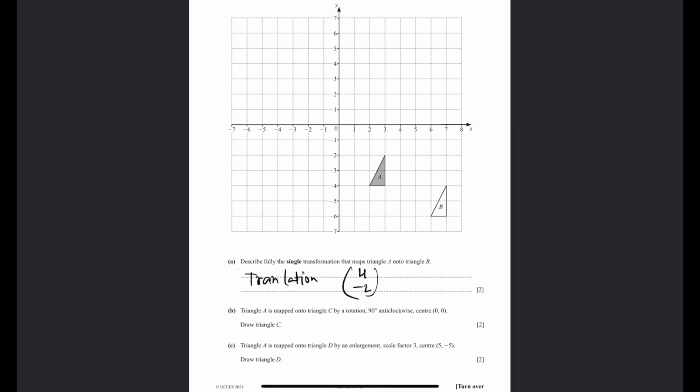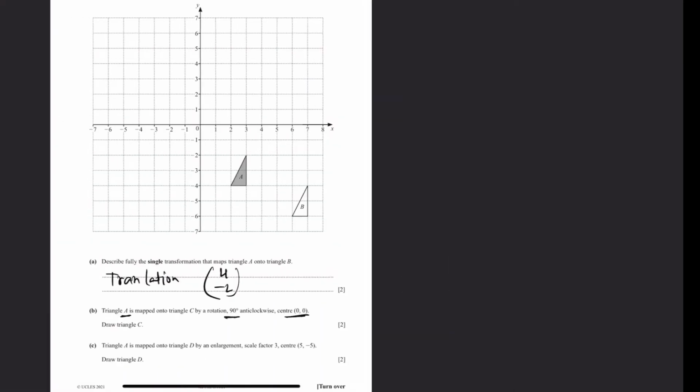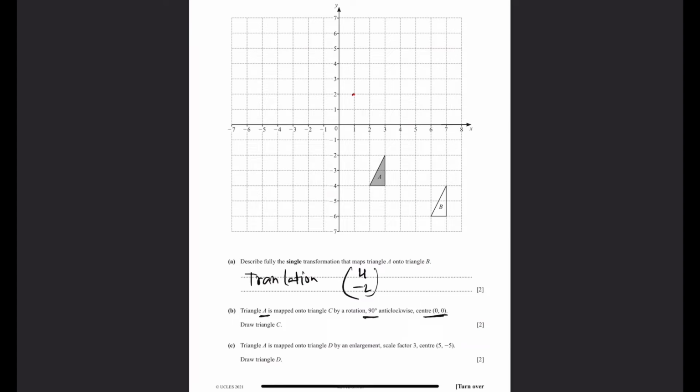Triangle A is mapped onto triangle C by a rotation of 90 degrees clockwise, center 0, 0. Draw triangle C. We are going to rotate triangle A by 90 degrees about center 0, 0. Suppose this point's coordinates are 1, 2. If I rotate this point 90 degrees anti-clockwise, then it lands at this point.